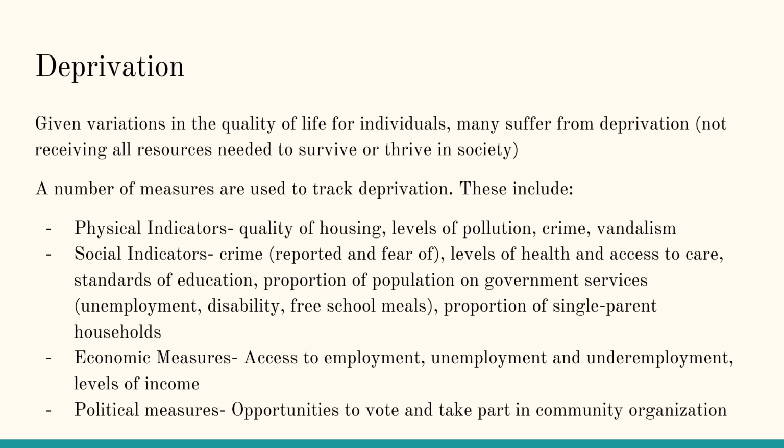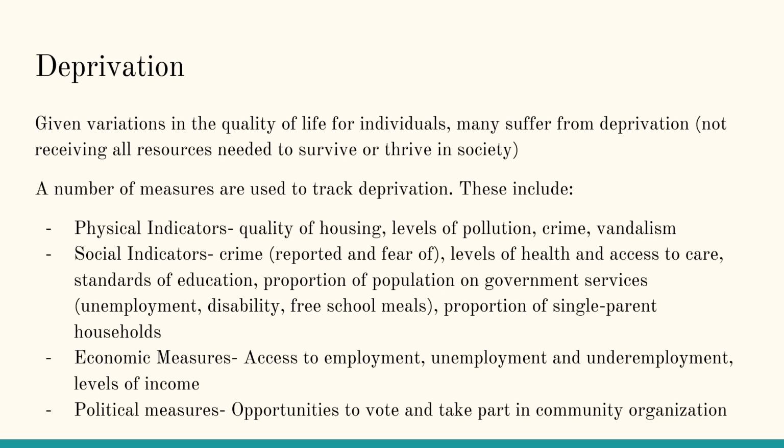So the first one is crime, and this is both when you have an actual crime committed, but also the fear of crime. And that can oftentimes be as powerful, if not more powerful, than the actuality of the crime themselves.